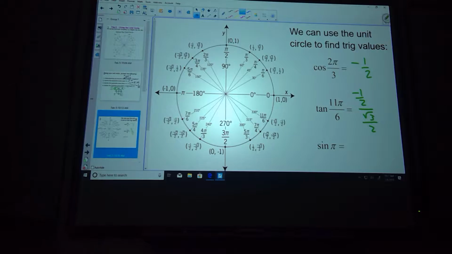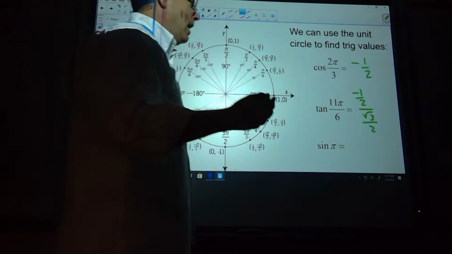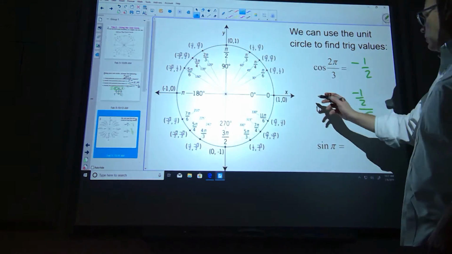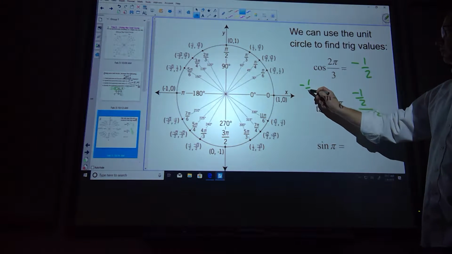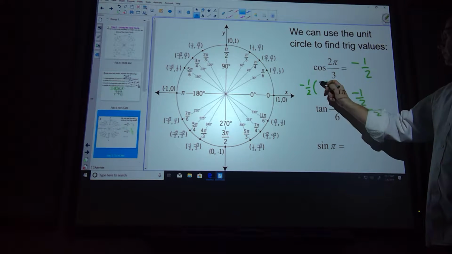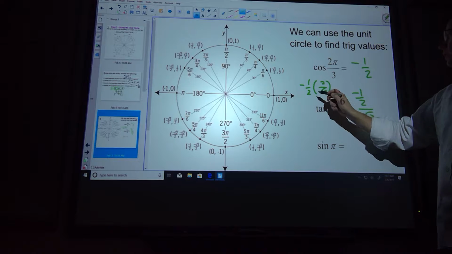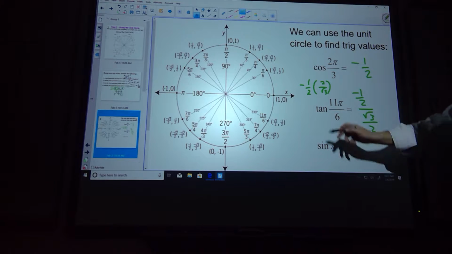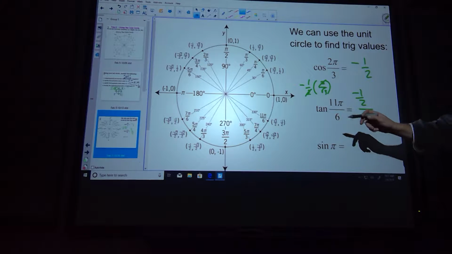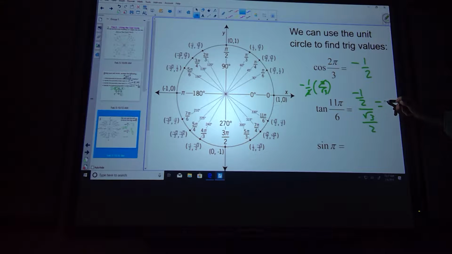That means I want to take the bottom fraction and multiply it to the top, but I'm multiplying by the reciprocal. So the math that I'm doing here is this. Is that okay so far? This cancels here. So I get negative 1 over root 3. If you rationalize it, fantastic. If you leave it like that, cool. I'll keep it. It's all good. If you wanted to rationalize it, it's negative root 3 over 3.